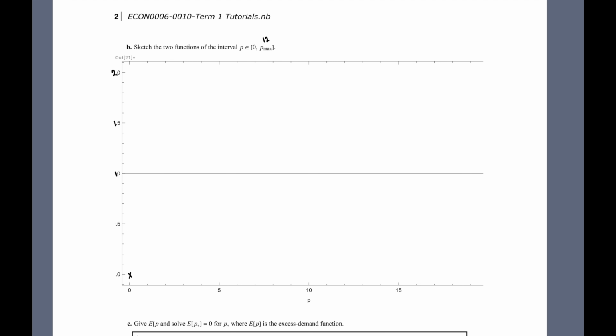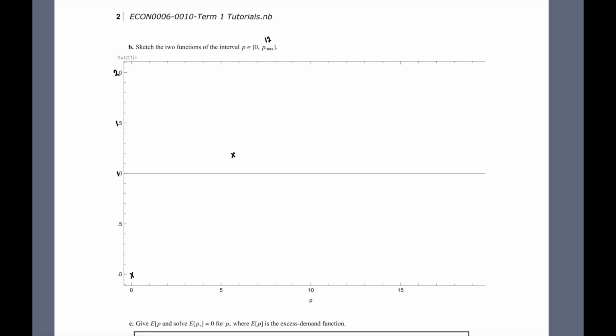When we put in 5, we get somewhere around 11.87, so that would be somewhere around here. When we put in 10, we get 17.5, and when we put in 12, we get 18. So we get this as our supply curve.